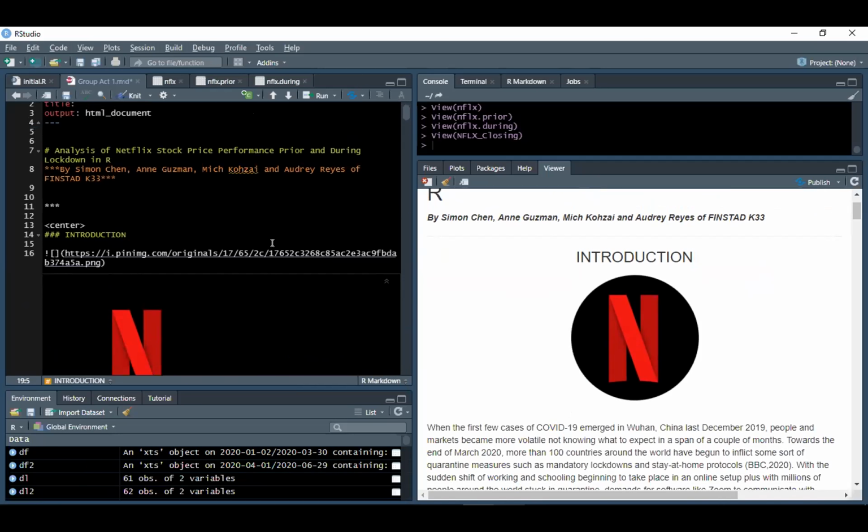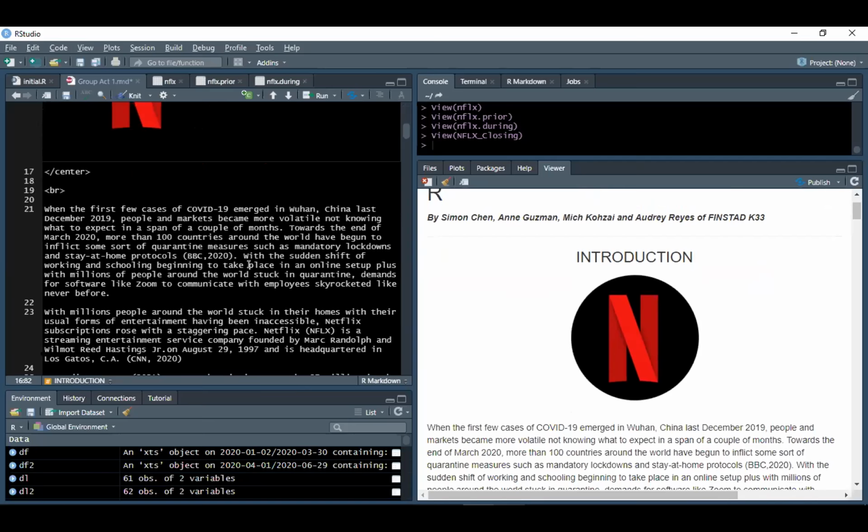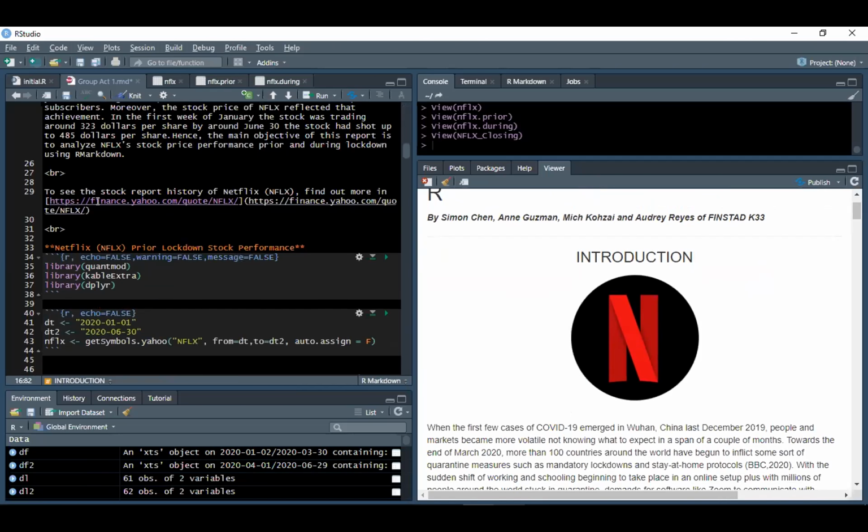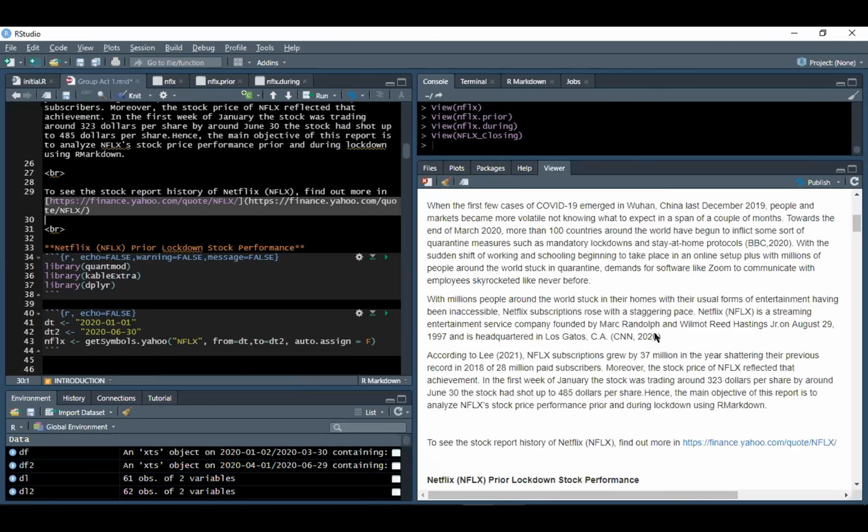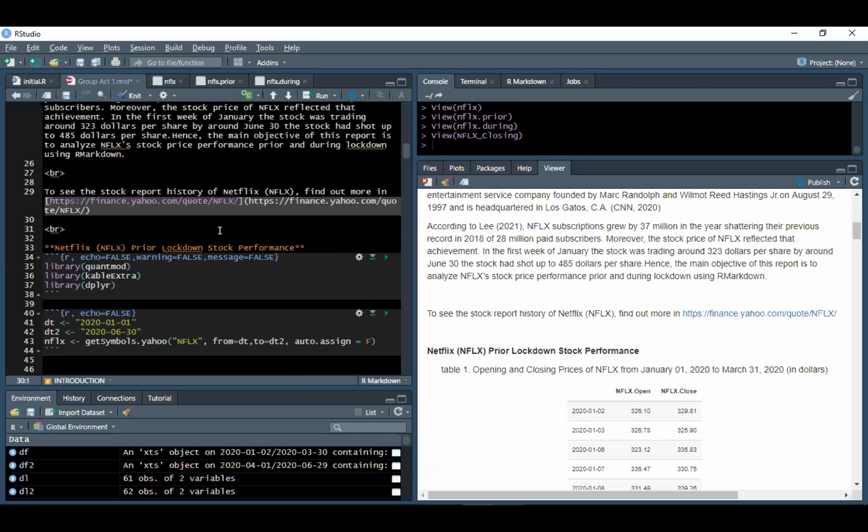The exclamation point is a function syntax that you can use to upload images on the web or local files in the same directory. Down please. That's the text. To see the stock report of Netflix, that's the link function that allows you to use a link from online. And thank you. That's my part.